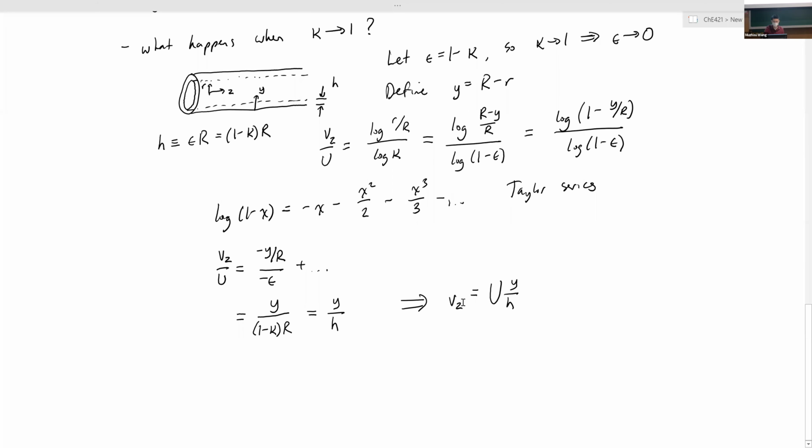That goes from 0 when y is equal to 0 to u when y is equal to h, right? Can anyone sort of name what this flow profile might be or sort of visualize what this would be? Okay, if I have no takers, I'm just going to start drawing.